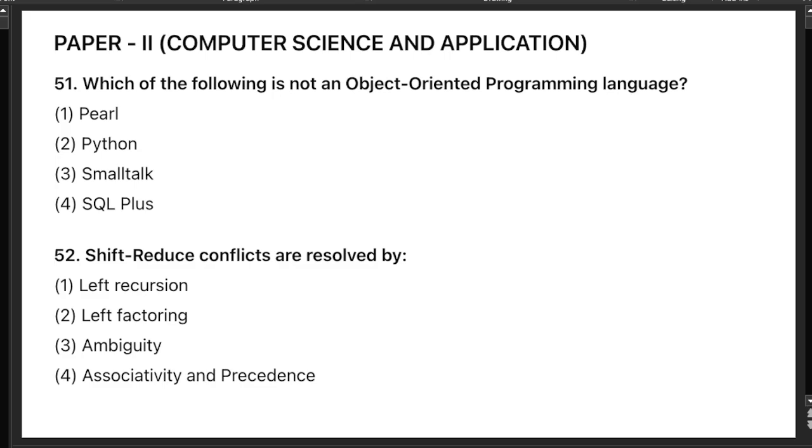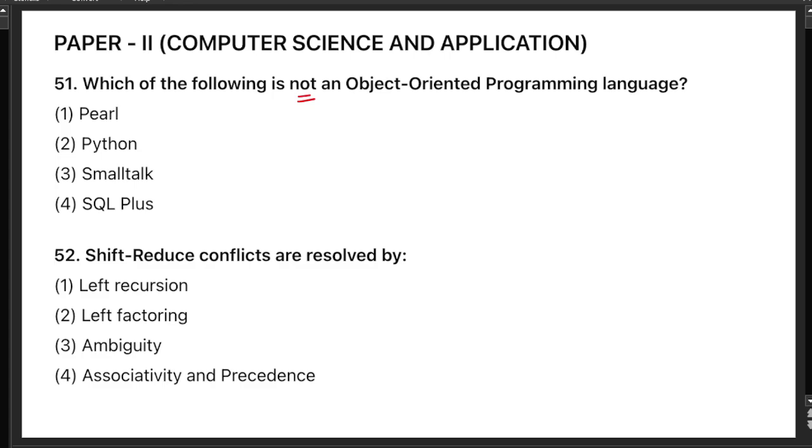You can see the first question, which is: which of the following is not an object-oriented programming language? You should focus on this word, "not".